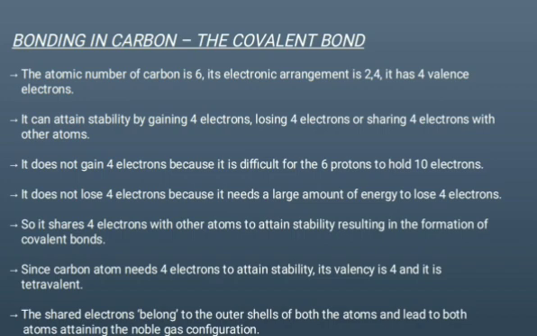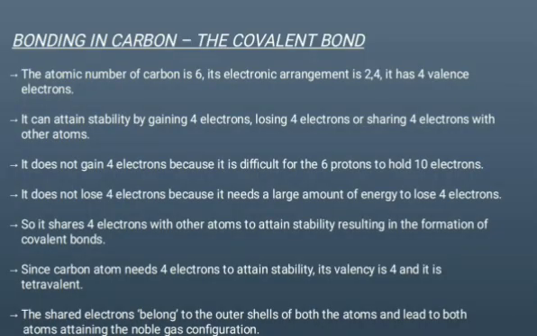If it loses 4 electrons and forms C4+ cation, it would require a large amount of energy to remove 4 electrons, leaving behind a carbon cation with 6 protons in its nucleus, holding on to just 2 electrons.